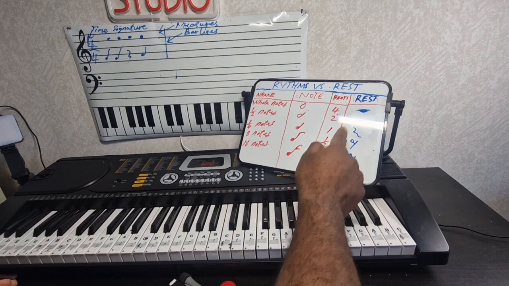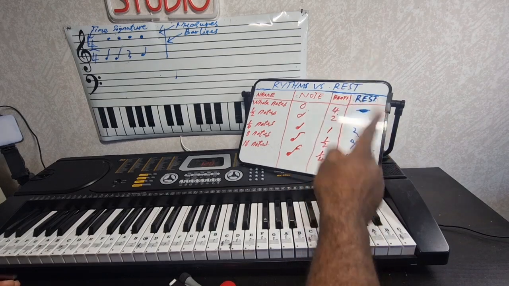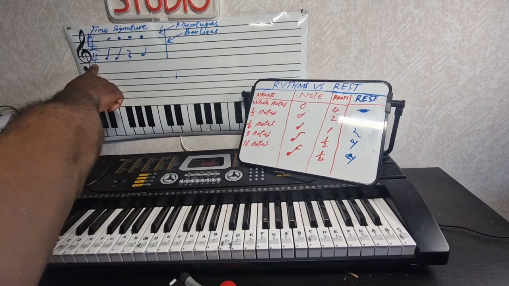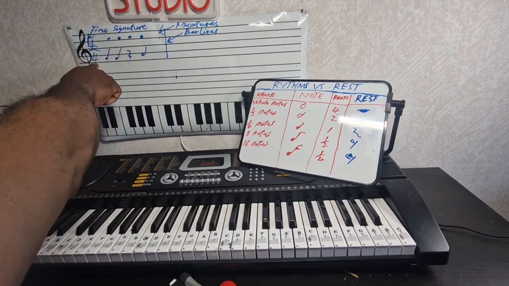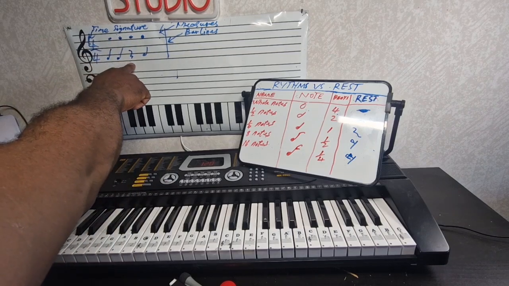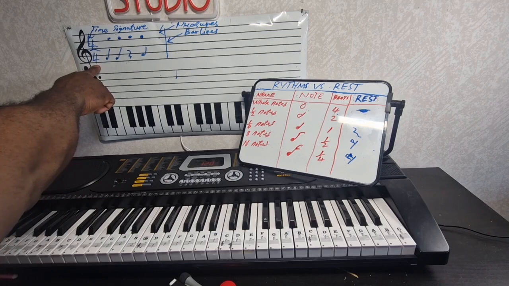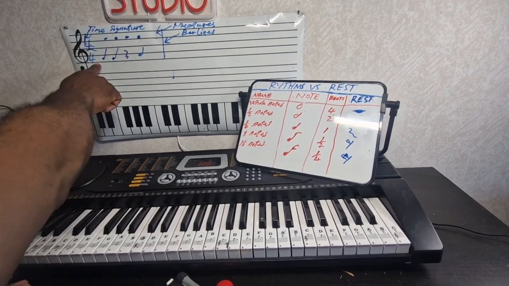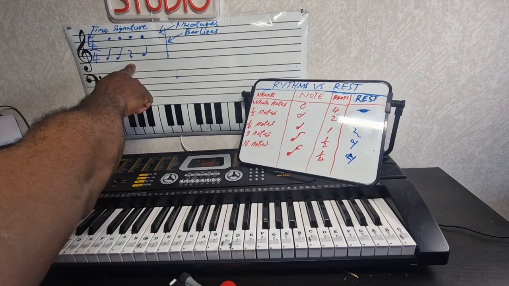So if it is 1 rest, you have to rest 1 time, equivalent to the number of beats for the note which has been requested. Okay, so 4 beats, 4 notes, you have 1 rest.